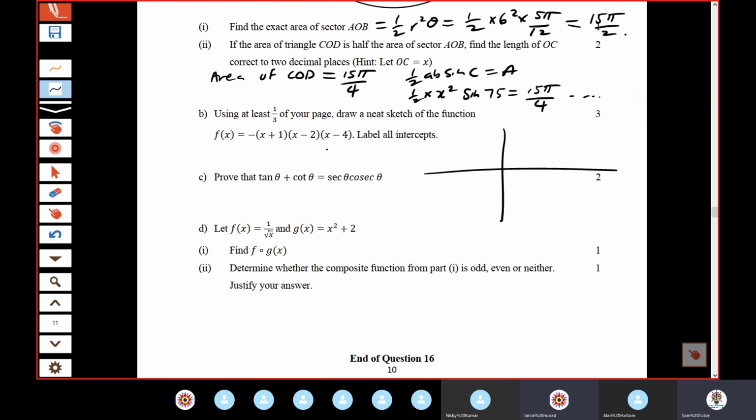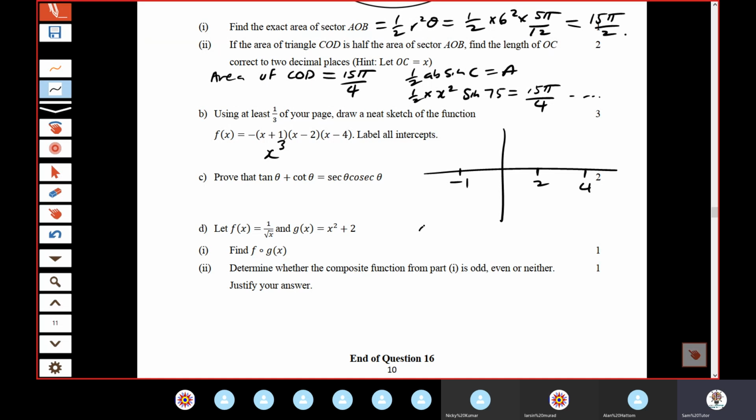The intercepts are -1, +2, and +4. So those are our intercepts. And then the power of this polynomial is x to the power of 3, x cubed.